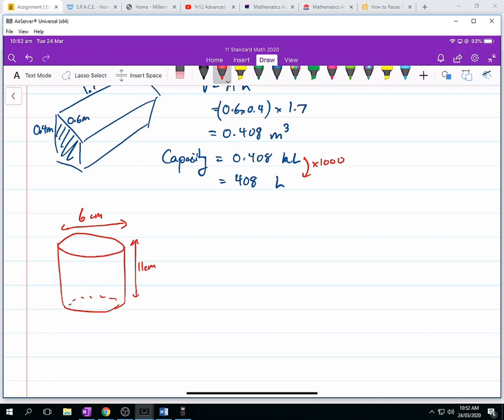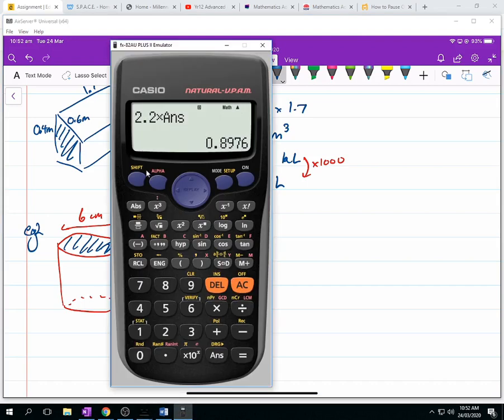So if we follow our same process, we would work out for example 2 the area of the cross-section, which is pi times 3 squared. That's the area of the cross-section, the circle that's all the way down. Pi times 3 squared gives 28.27.